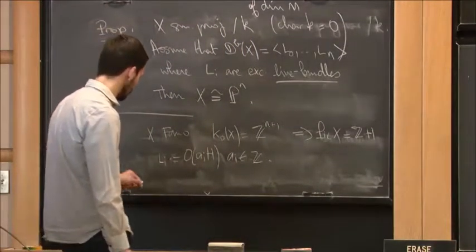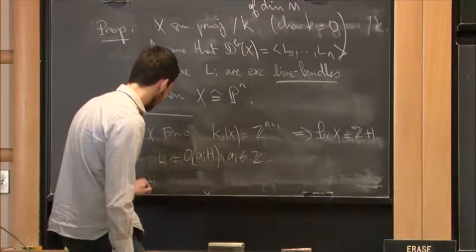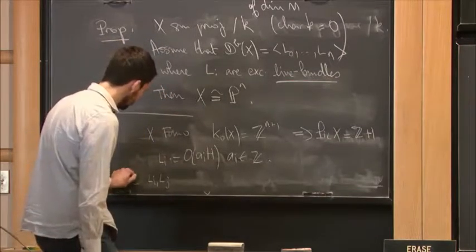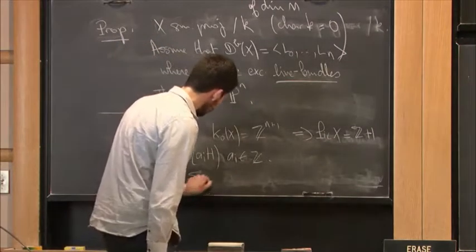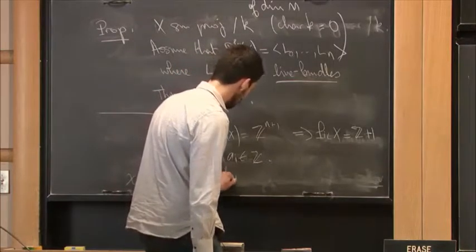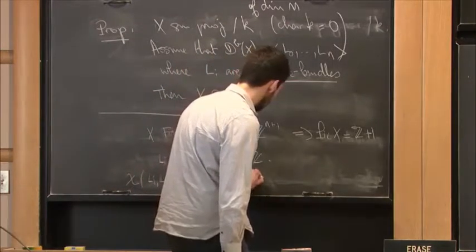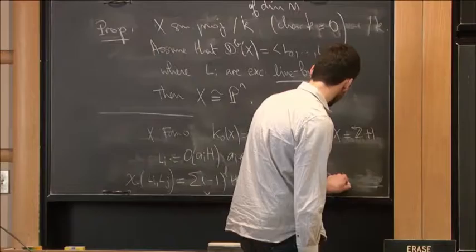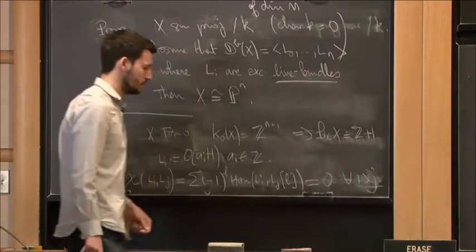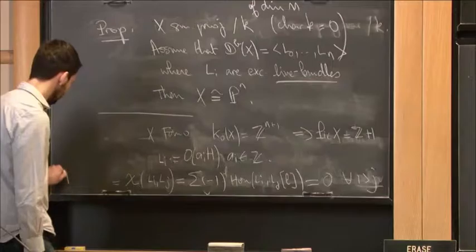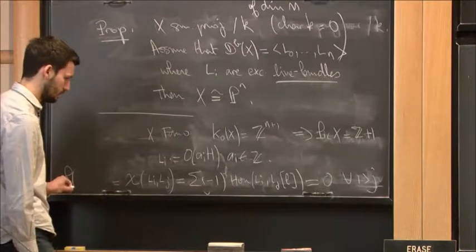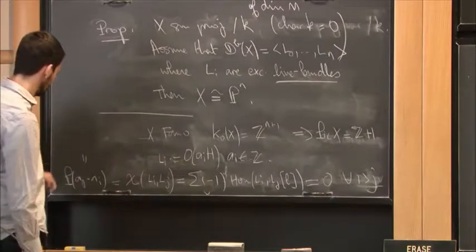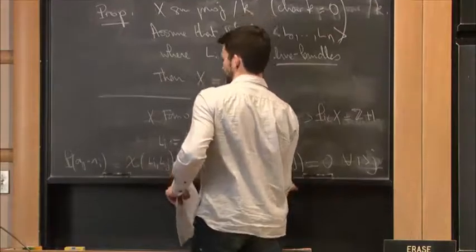And then you know that L_i and L_j are orthogonal, so the Euler characteristic, which is the alternating sum of Ext^l between L_i and L_j shifted by l, will be equal to 0 for all i bigger than j. Okay, but then this is just P of a_j minus a_i, where P is just given by Riemann-Roch. So let me write it here.